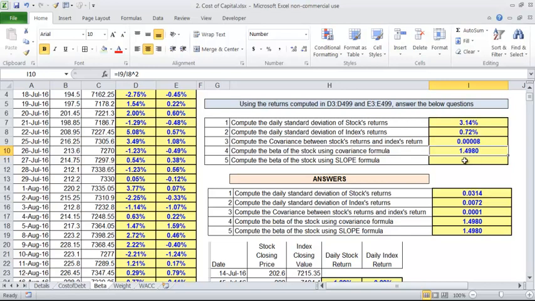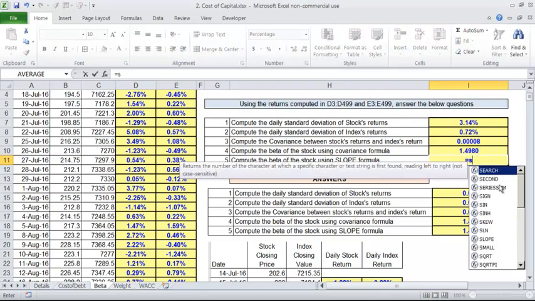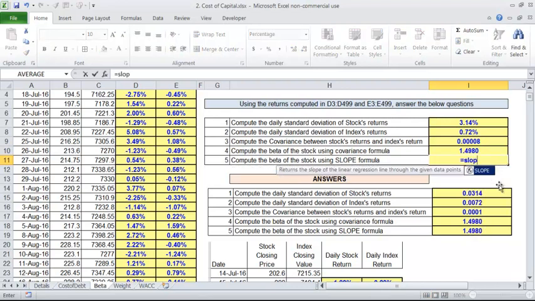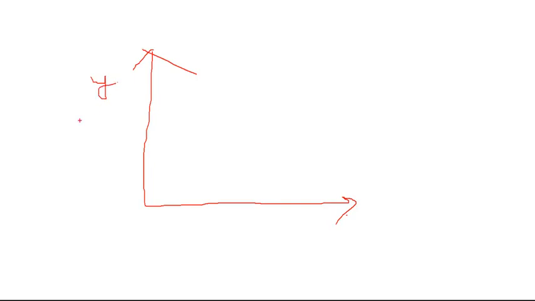Another way to compute the beta is using the slope formula. Now this slope is a function which does the linear regression. Please note how we compute beta: on the y-axis we have the stock returns, on the x-axis we have the index return, and we plot these returns.